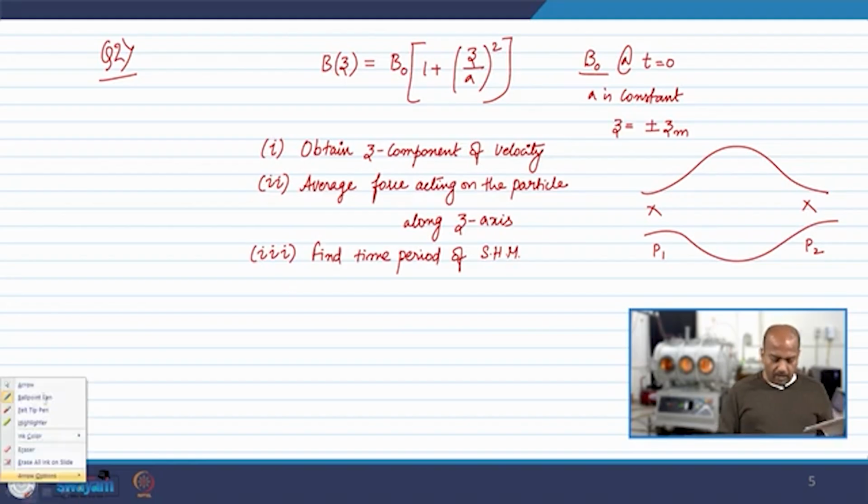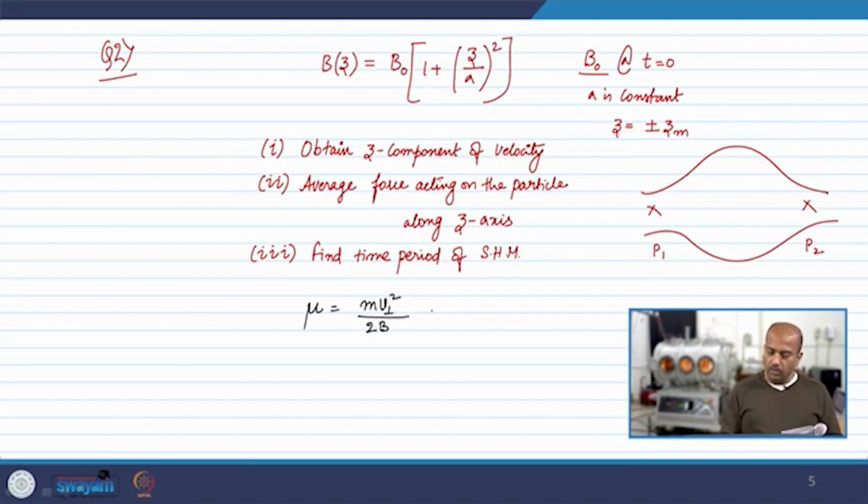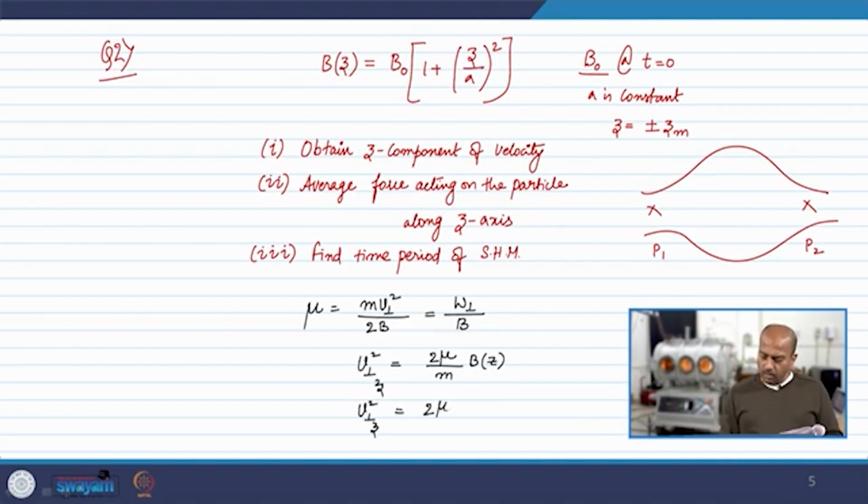We can define the magnetic moment mu as m v perpendicular squared by 2B, or W perpendicular by B. So, from this, v perpendicular along z squared is 2 mu by m times B of z, and using the configuration that we have here, we can write 2 mu by m times B naught into 1 plus (z by a) squared.